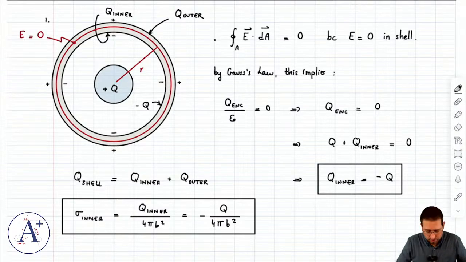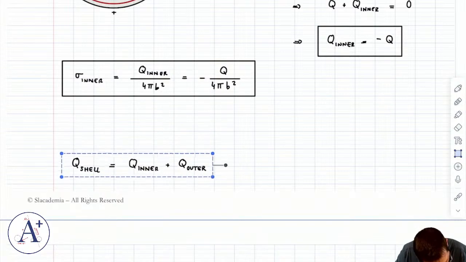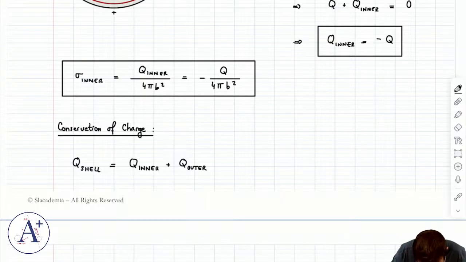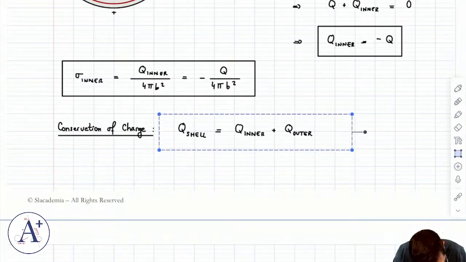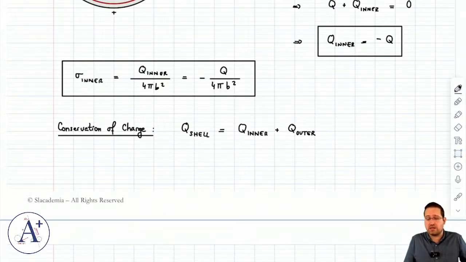Just has to be the case. It's conservation of charge. All right, so by the way, that is how you find Q outer. You argue conservation of charge. And sure, it's nice that Q shell is 0 in this problem, but it actually doesn't have to be. Q shell could be anything. It doesn't matter.